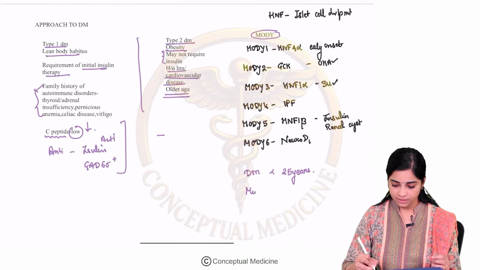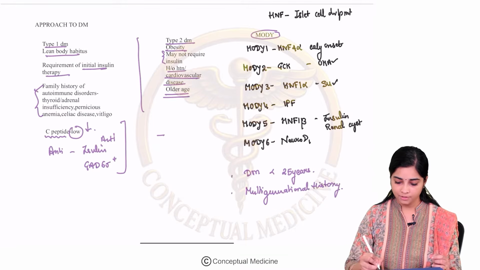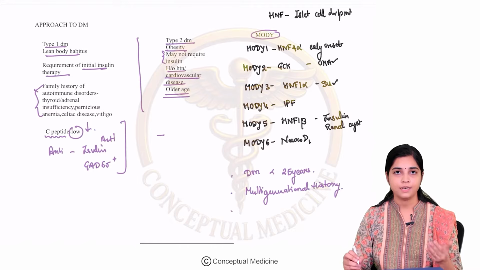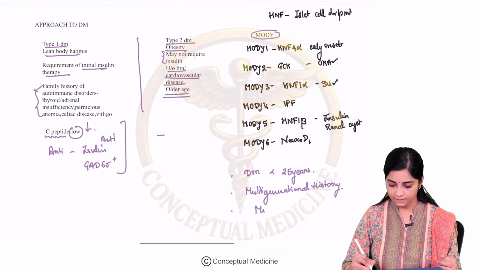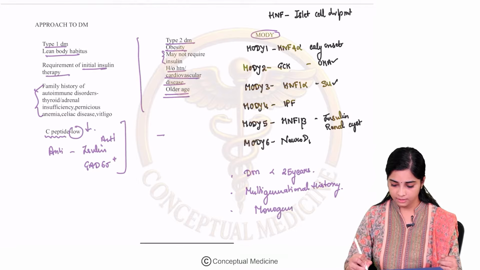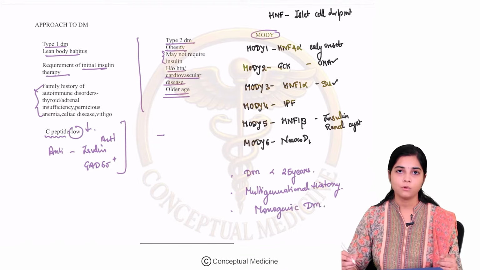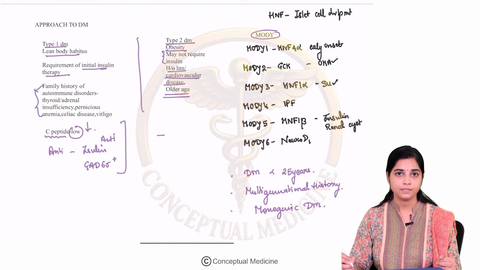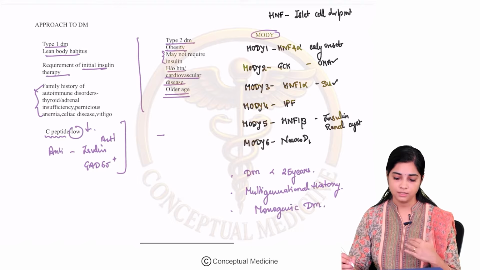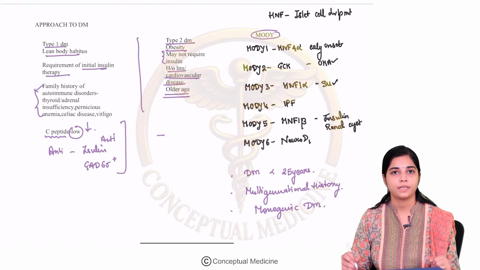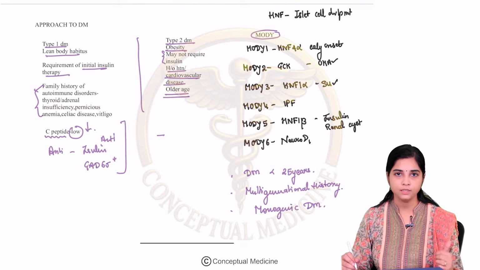And this has a multi-generational history of diabetes. Apart from this, this is mainly occurring due to what? It is a type of monogenic diabetes, where there are genetic defects in multiple enzymes, and based on that it can be classified into the following types.